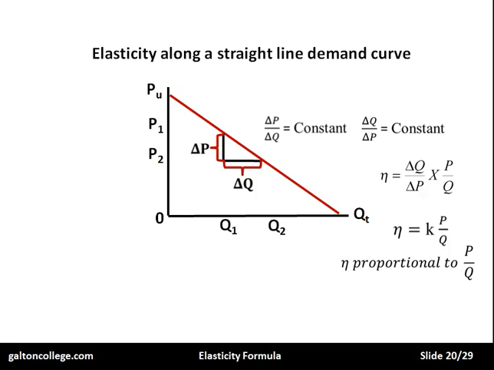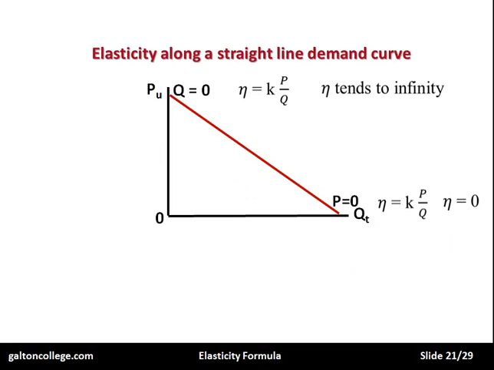Well, a lot. Because if we look at this diagram, let's take the point here where the demand curve touches the price axis, touches the vertical axis. At this point, Q is equal to 0. Well, that means Q here is equal to 0, so it means elasticity tends to infinity. We're dividing by 0, so elasticity tends to infinity. So at this point here, right at the axis, elasticity is infinite.